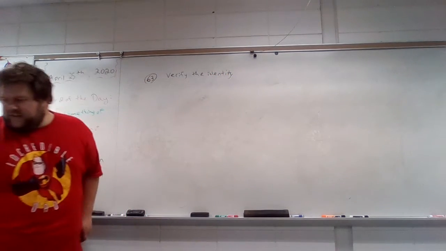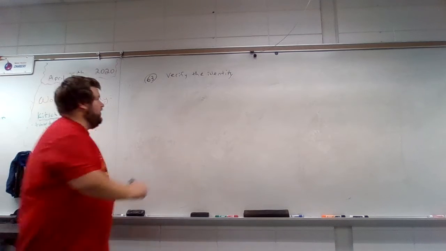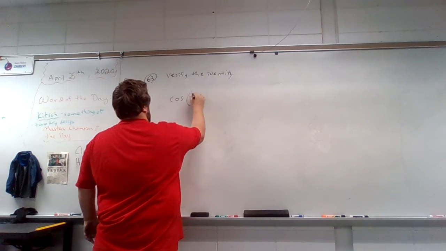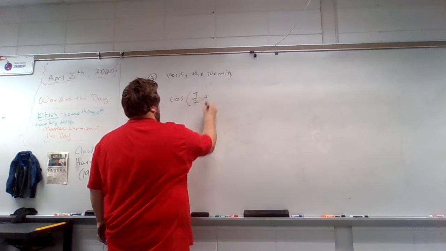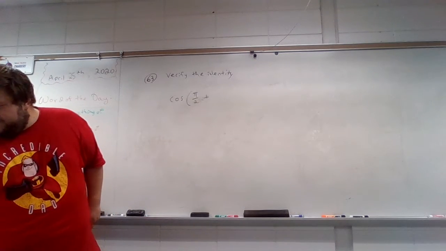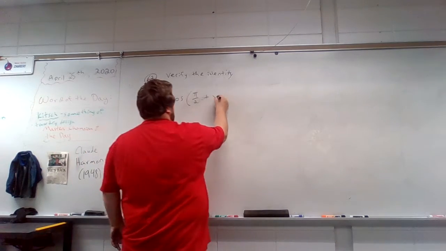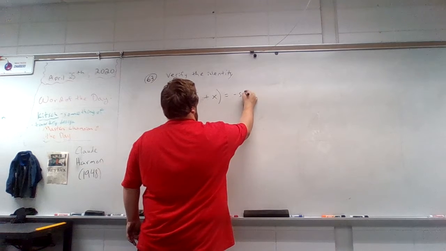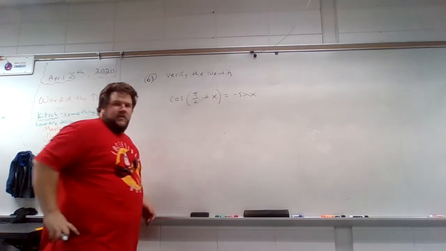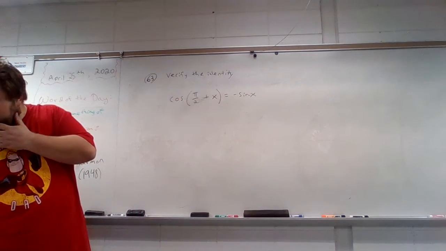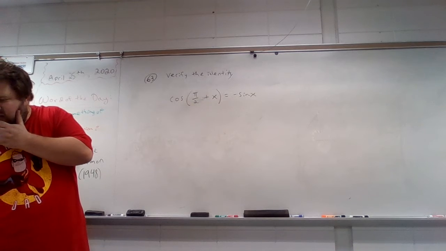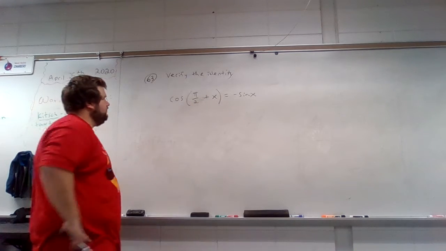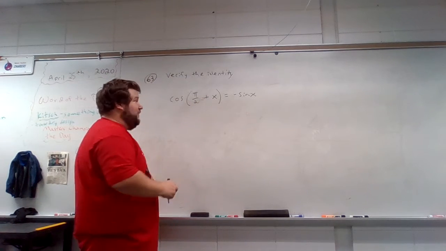And it's something like cosine of pi over 2 plus x is equal to negative sine x. Well, I would pick the left-hand side, because I can use my identity for that.